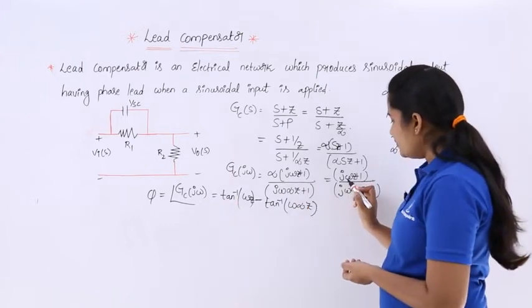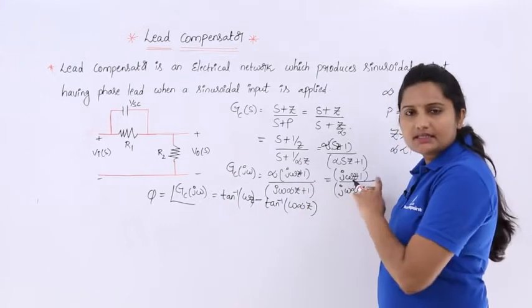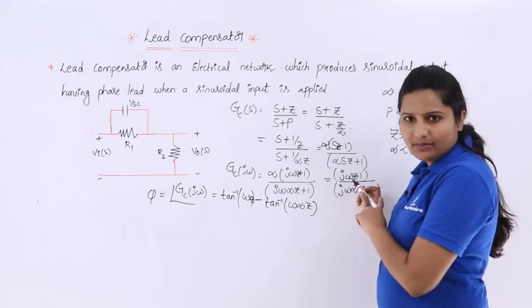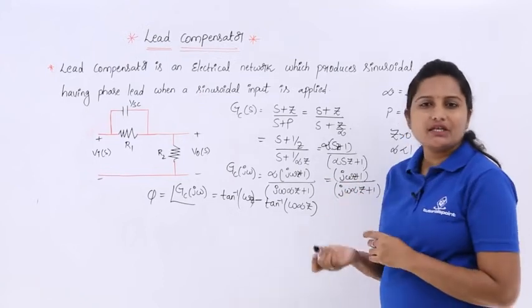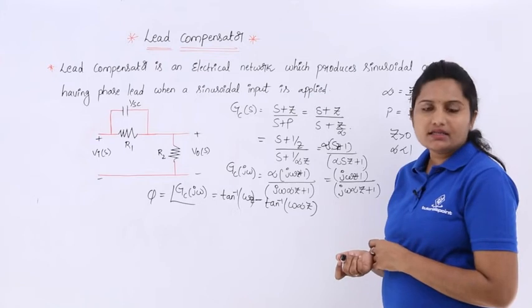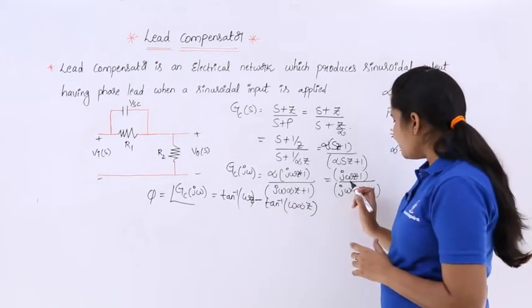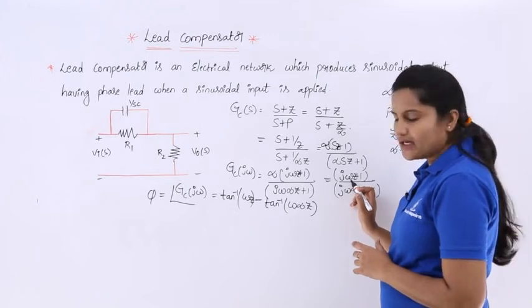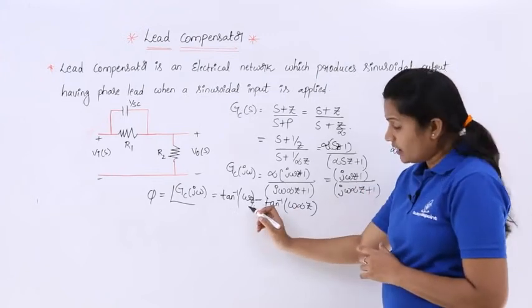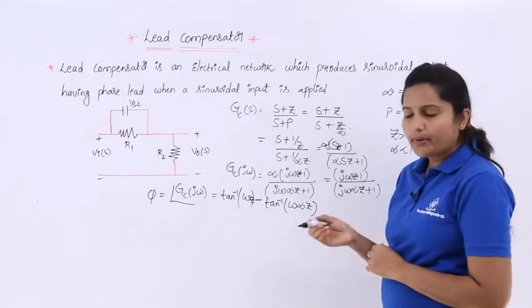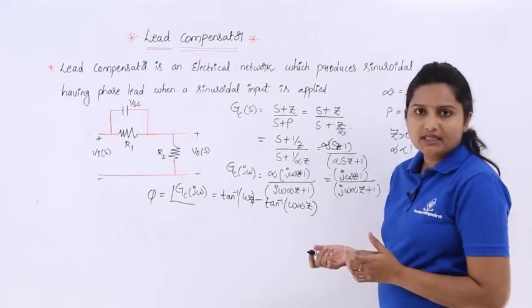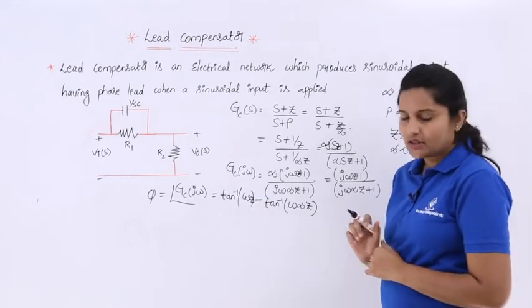In the numerator this is in A plus jB form. Whenever A plus jB form is there, we can write tan inverse of B by A. So tan inverse of the j coefficient omega z divided by the real term, which is only 1. Omega z by 1, no need to write omega z by 1. So I am writing omega z.